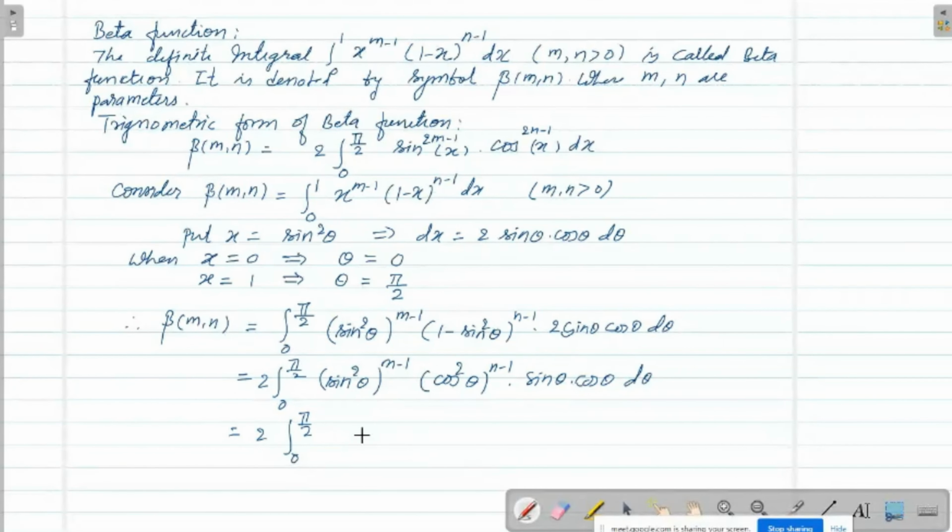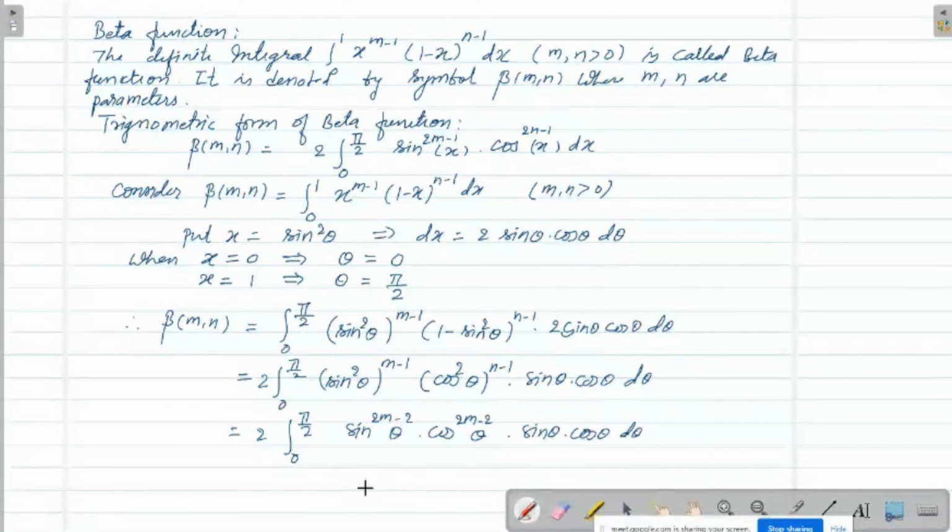This can be written as sine raised to 2m minus 2 theta, since the power multiplies, into cos raised to 2n minus 2 theta into sine theta into cos theta.